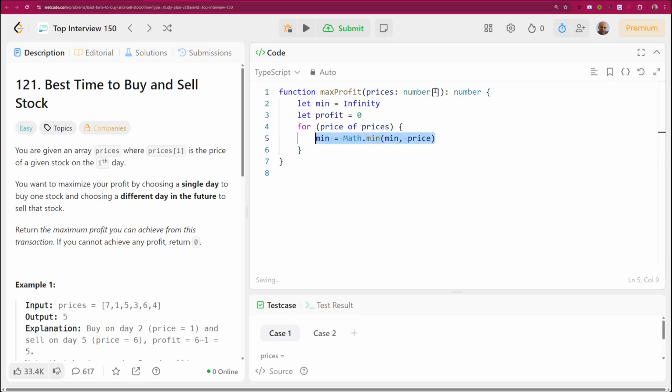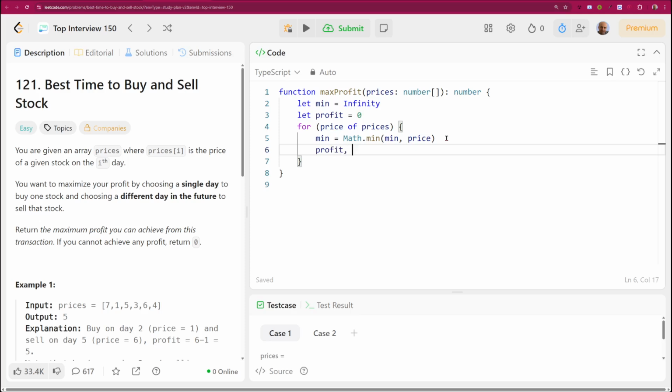What that will achieve is, we have the minimum price so far, which is initially really big. From the price so far and the current price today, we'll choose the minimum, which is the best price so far, including today. Now we have the profit so far.